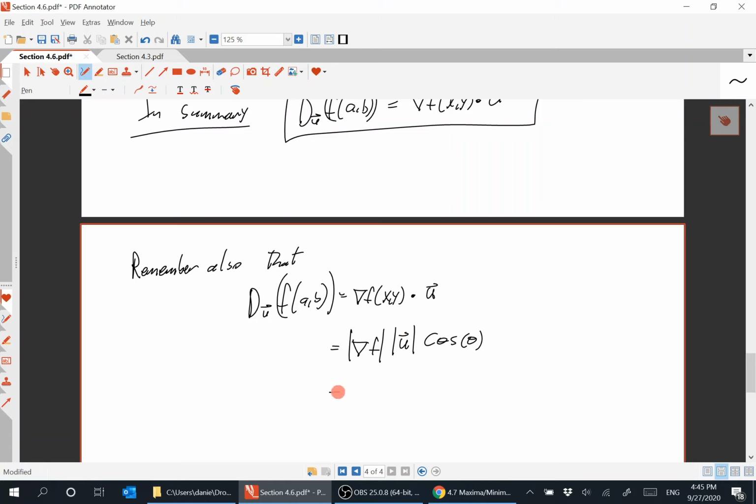But the length of u is just 1, because u is a unit vector. So this is equal to just the length of the gradient of f times cosine theta.